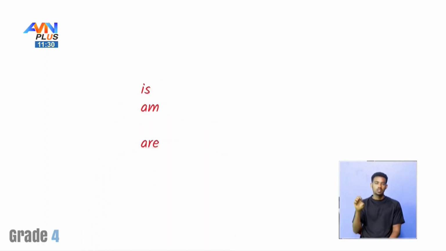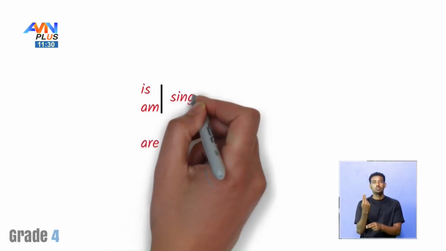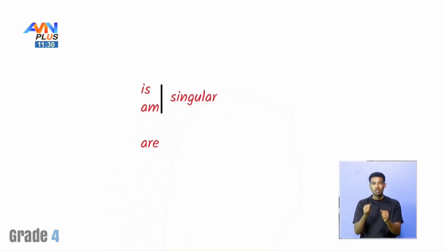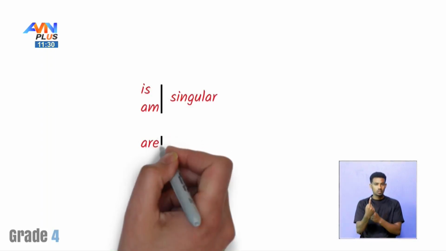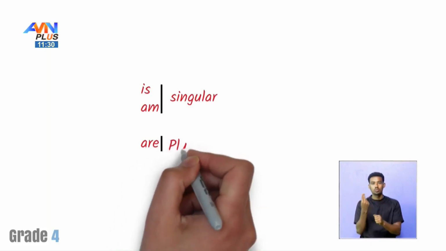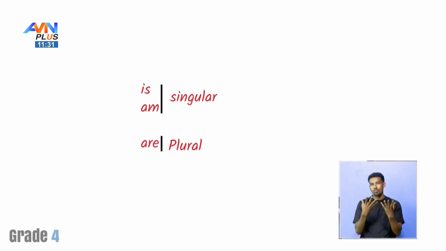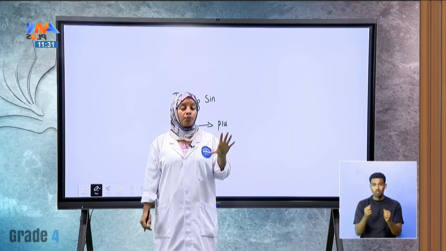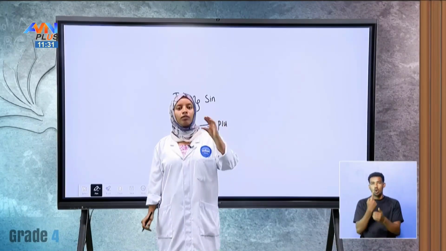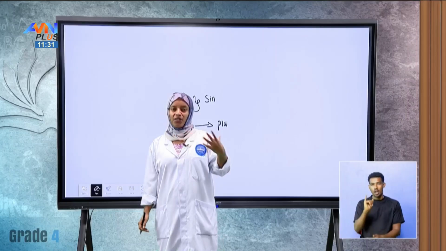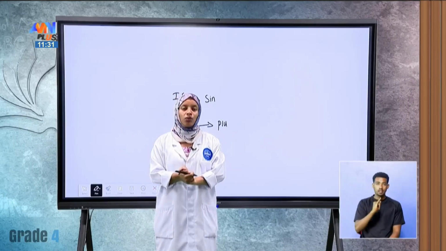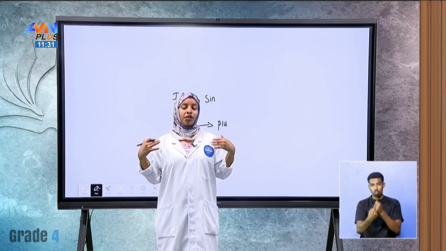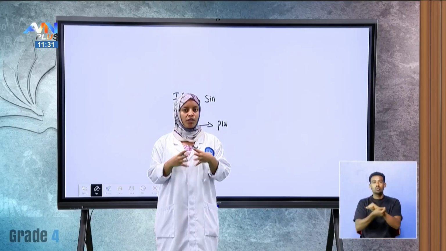Students, be careful when you are using them. You can use are for plural. You can use am only after I. You can use is for singular subjects like pronoun and also noun.